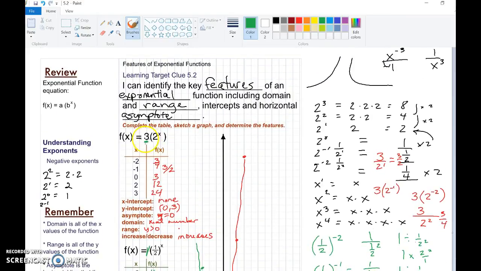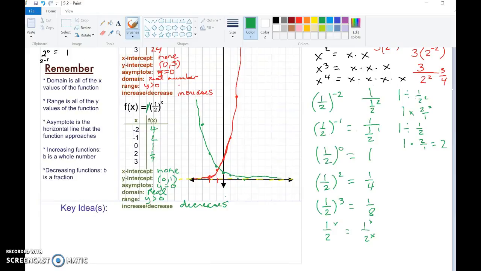We've got 3 times 2 to the x power was an increasing function, and 1 times 1 half to the x power was a decreasing function. Do you see anything? Well, it doesn't have anything to do with the a part, the number that gets multiplied by the base, but the base certainly has a key part.